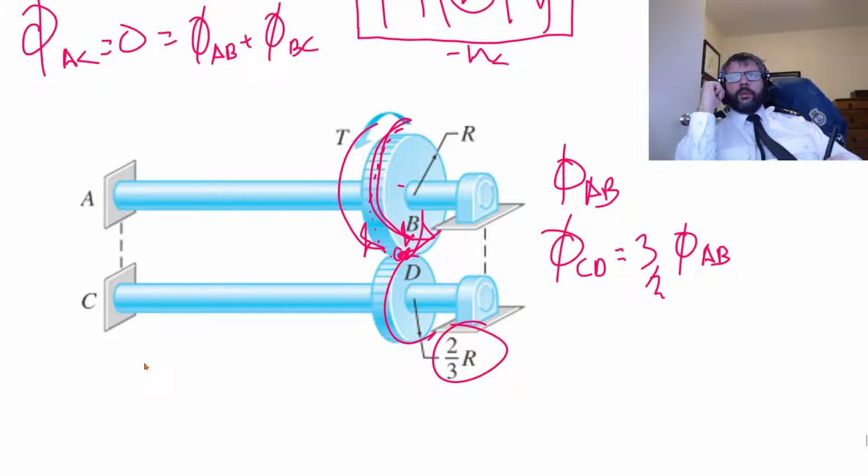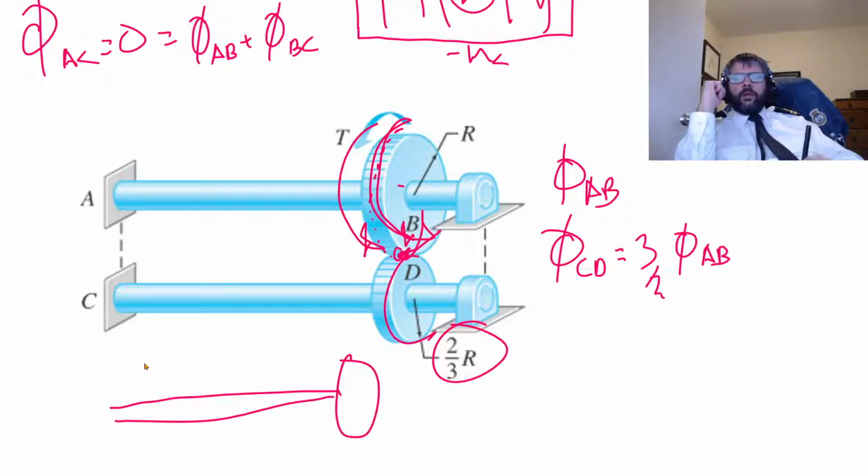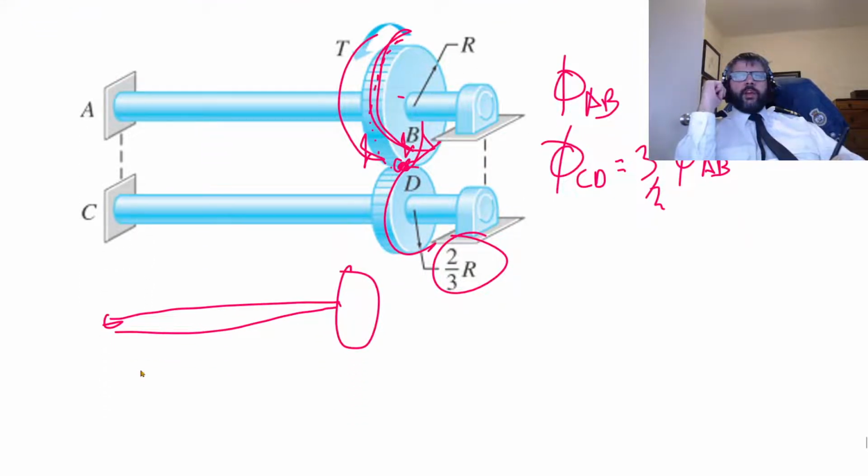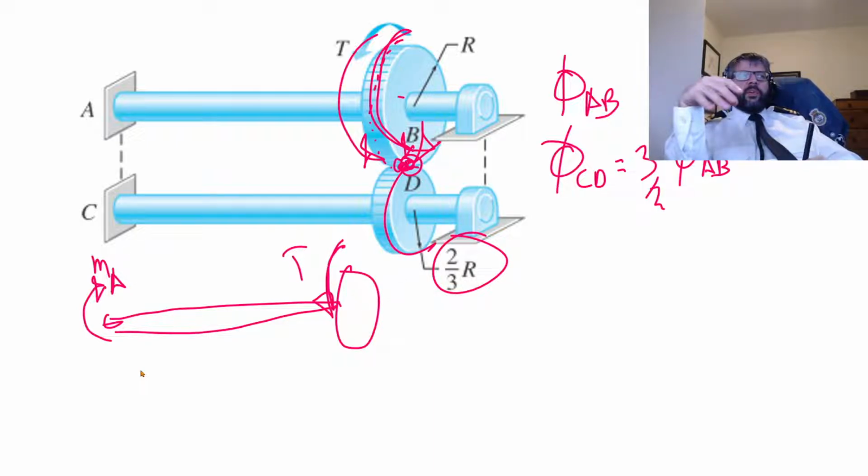The other one that we know is when we just do a free body diagram of AB and CD. We're going to have some sort of reaction at A. We've got this torque that's applied, and where the teeth mesh, we're also going to get a contact force.